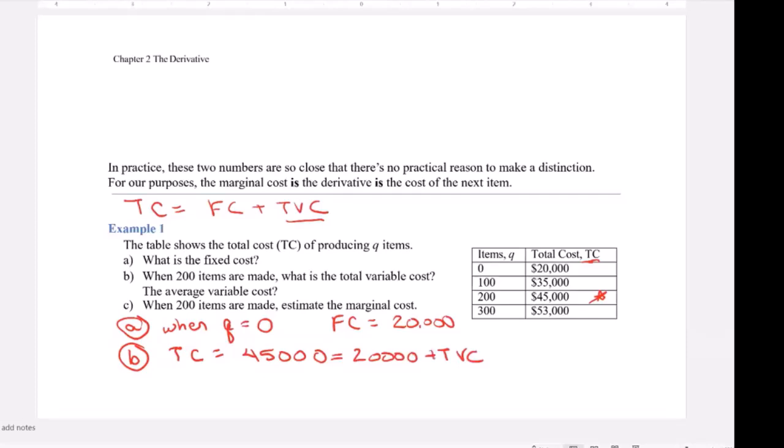So what I want to do is just solve for my total variable cost. And how I would do that is subtract $20,000 from each side, which would give me $25,000 is equal to my total variable cost.